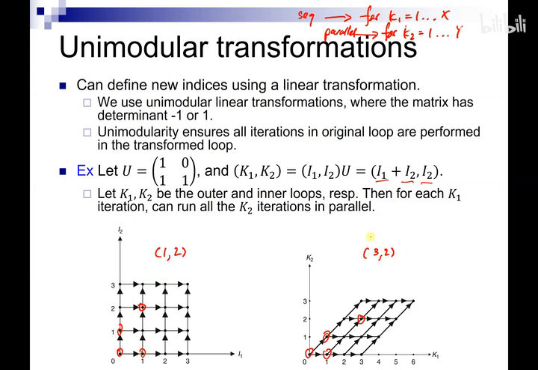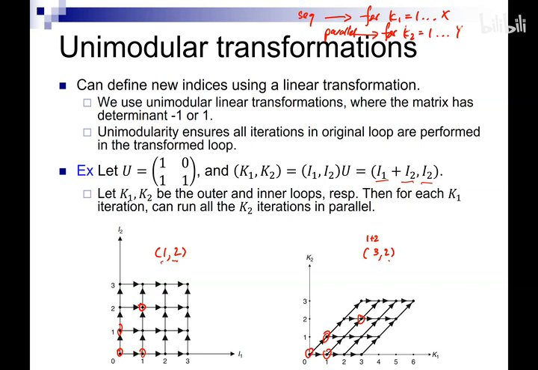You get this 3 by adding the I values, so 3 is 1 plus 2, and this 2 is just the 2 over here. So for every iteration in the I space, when you apply this matrix U, you get the corresponding iteration in the k space.